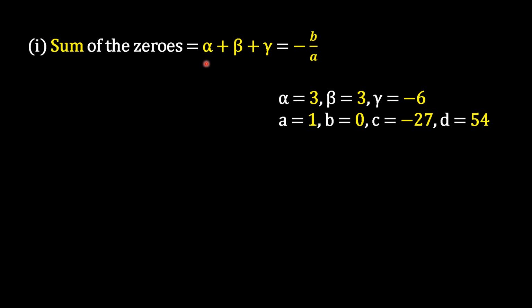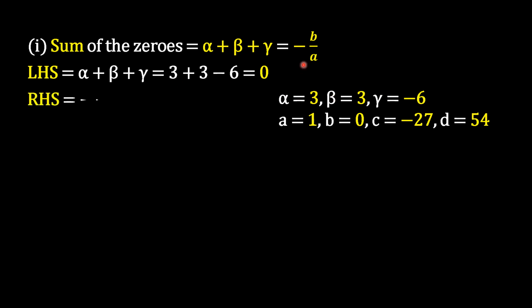We will write the LHS: alpha plus beta plus gamma equals 3 plus 3 minus 6. This gives us LHS equals 0.